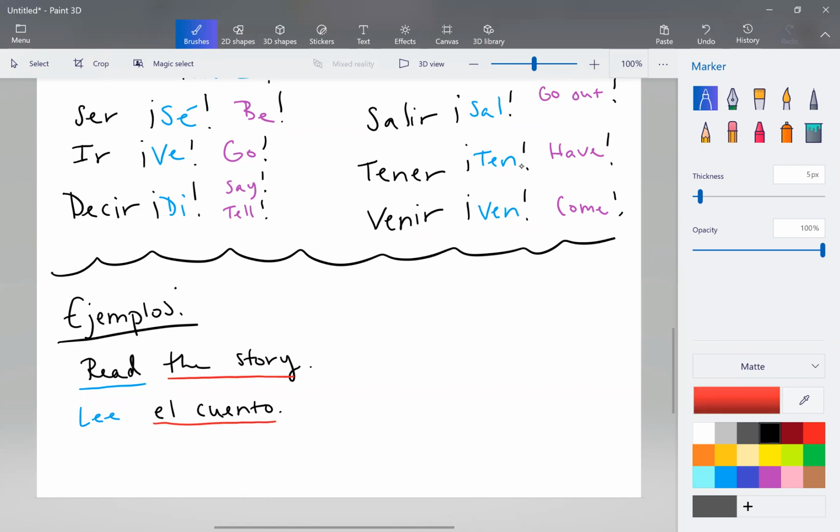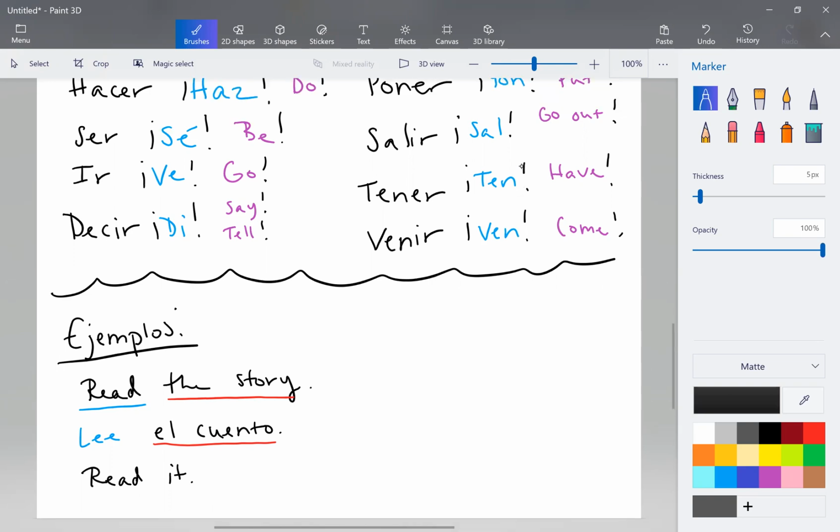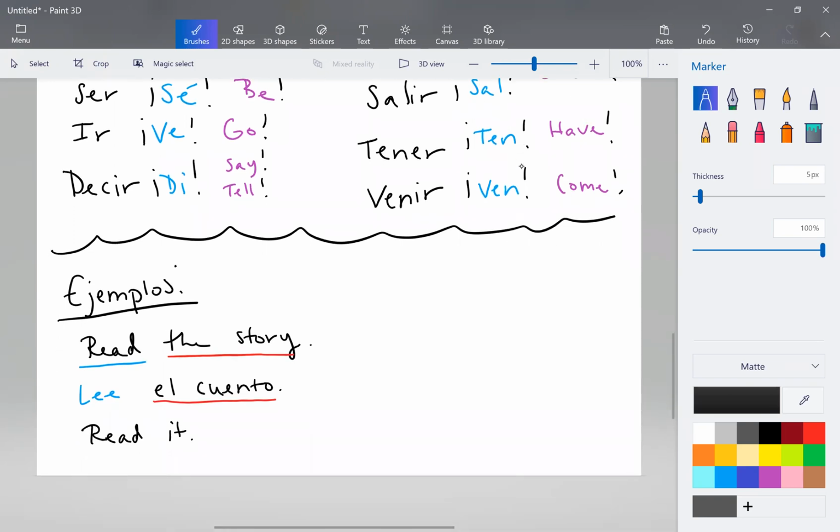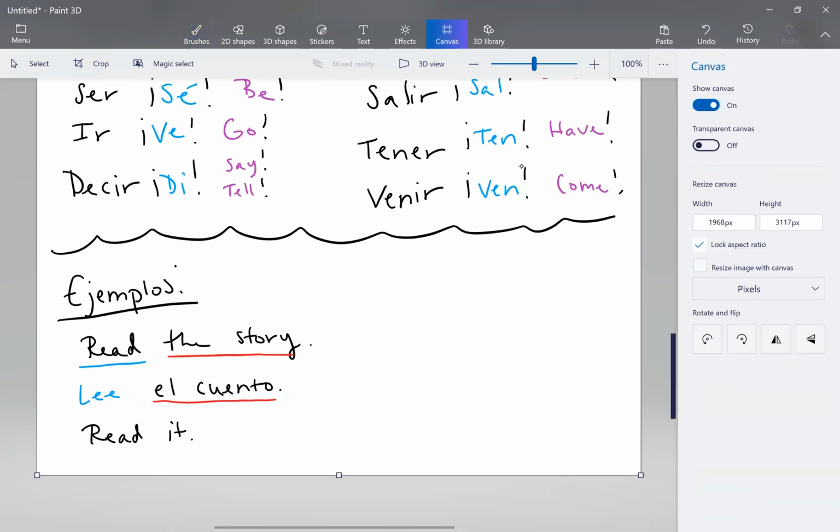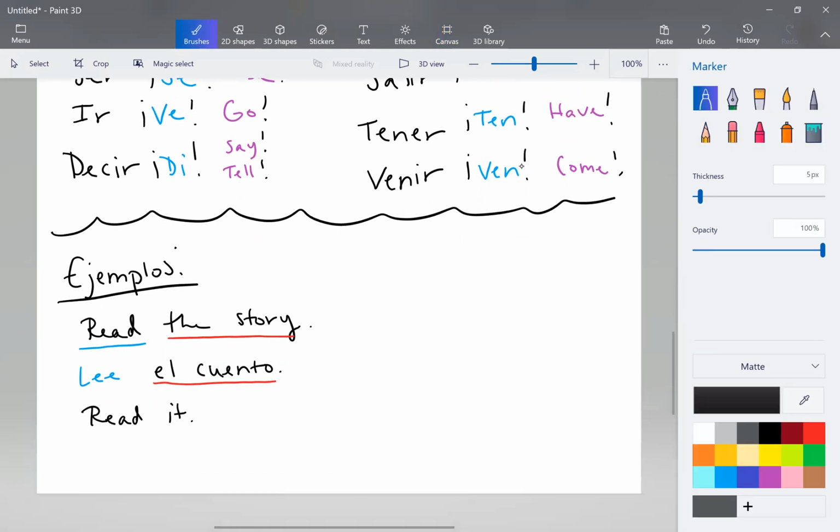And we could also say, read it. Where we have a command and we'll have a direct object pronoun to replace cuento. We're going to start off with lee, and then what will we add to replace cuento?